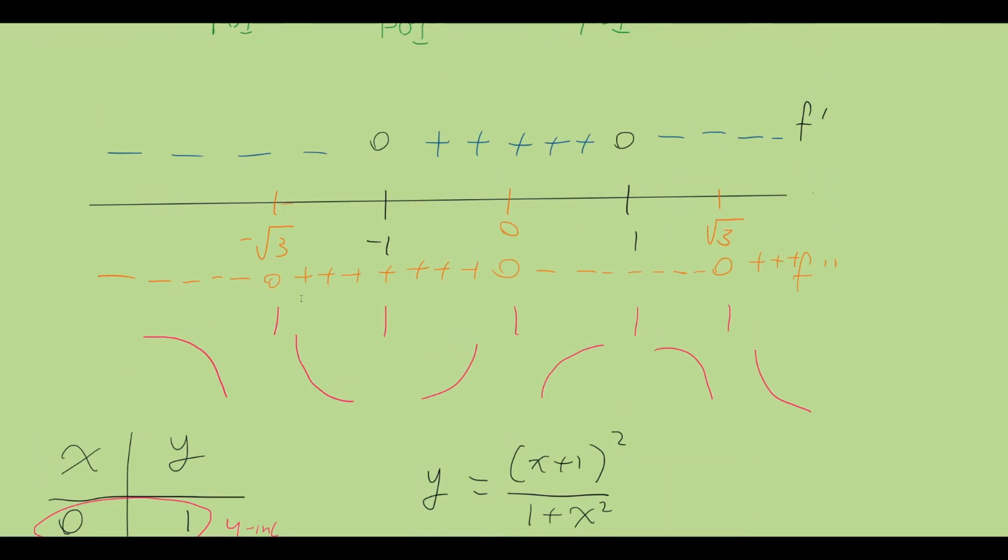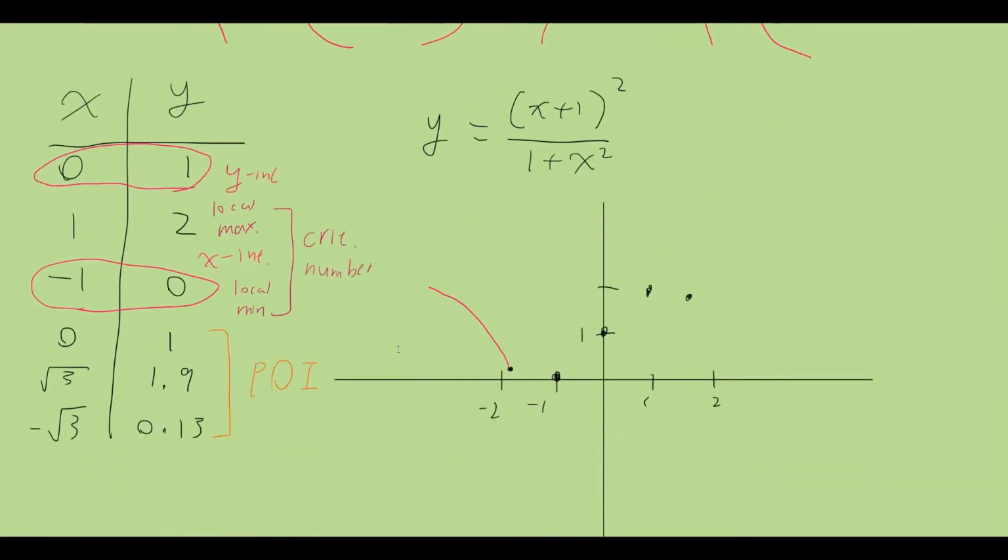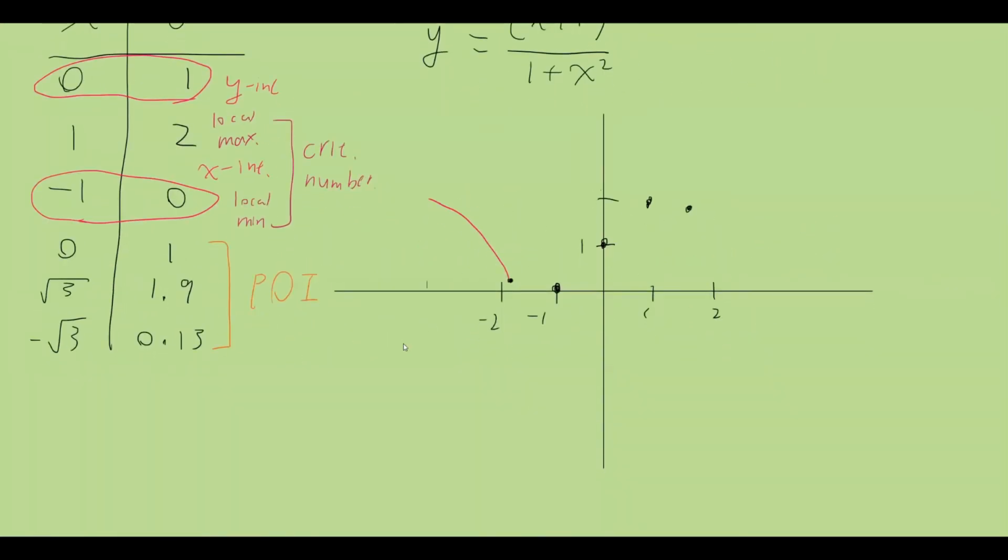And negative radical 3, that's a point of inflection, right? So we want to change the concavity here. And notice that we actually have to go to negative 1 right here. So let me redo this one. Let me see if I can do it a little better. Right, something like that.